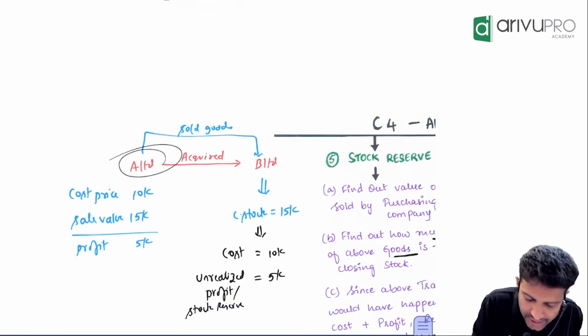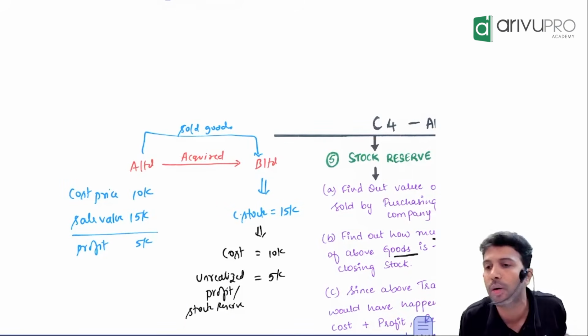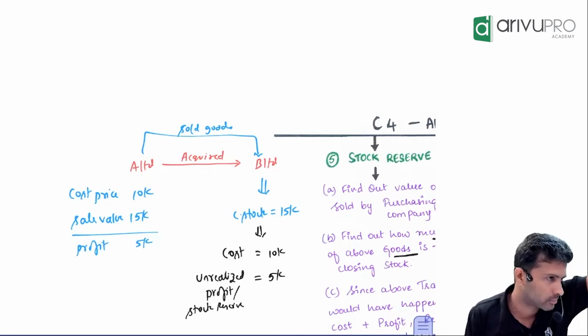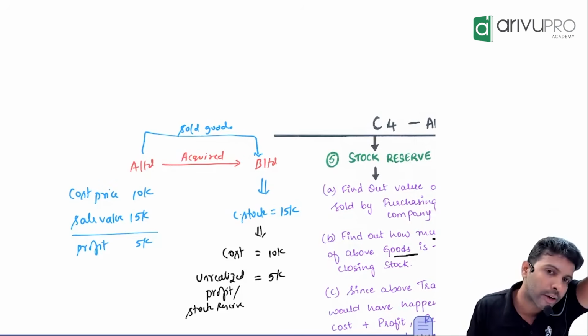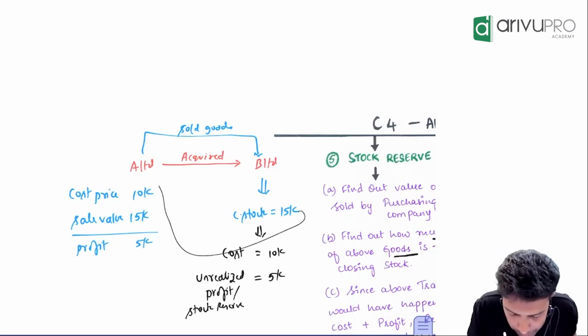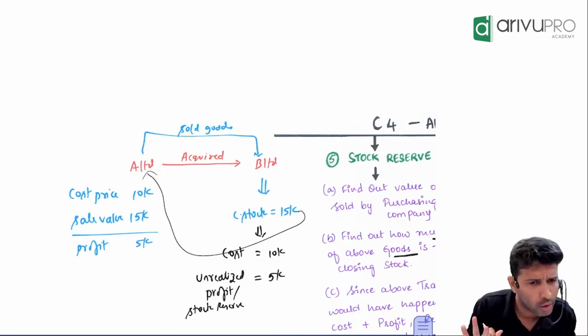So since A Limited purchased B Limited, all of B Limited's assets and liabilities now belong to A. So far good, because they have agreed that all assets will be taken over. That's the negotiation they've done. Now this closing stock also will come back to whom? A Limited. No problem.